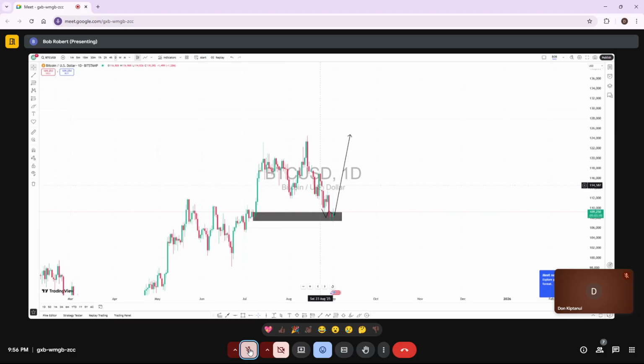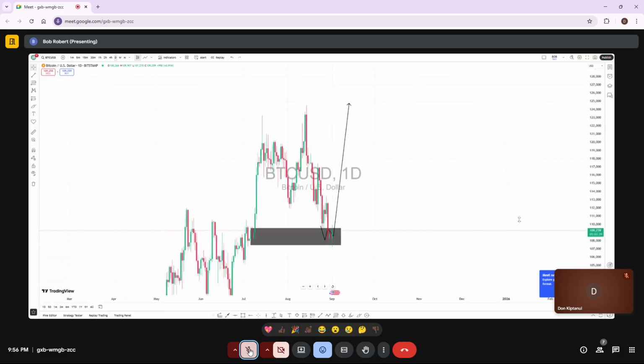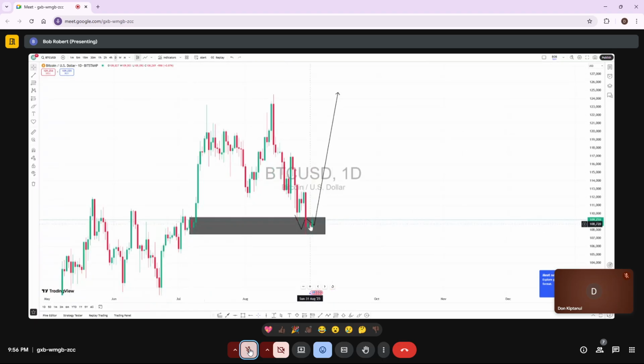So you wait for the price to come and tap at the zone. Remember, when you're identifying this demand zone, the price has not yet reached here. So that is very important to note.